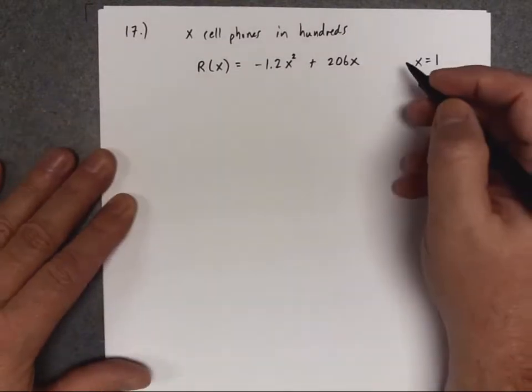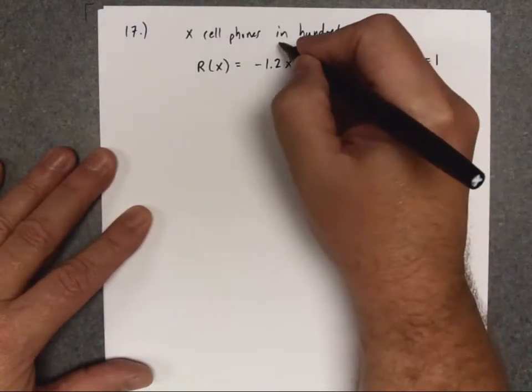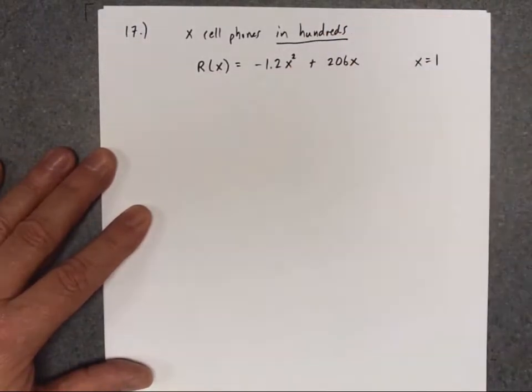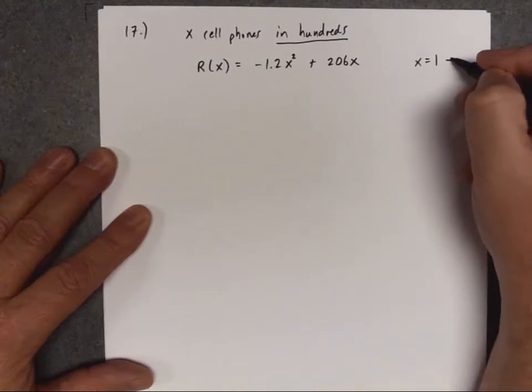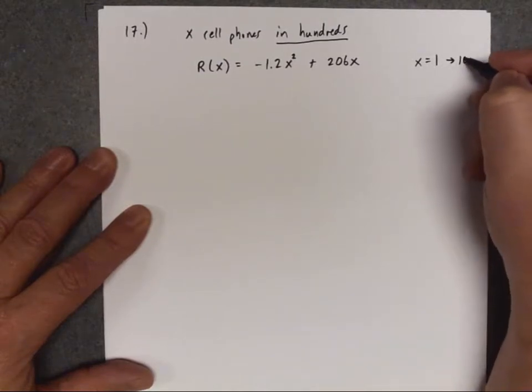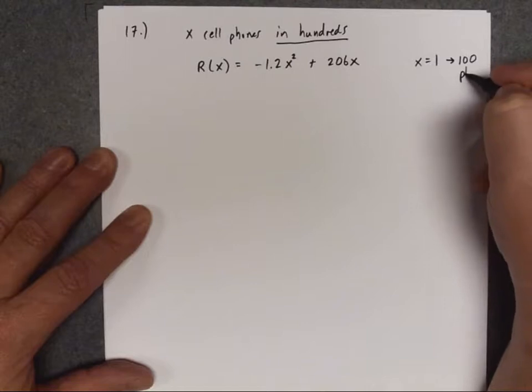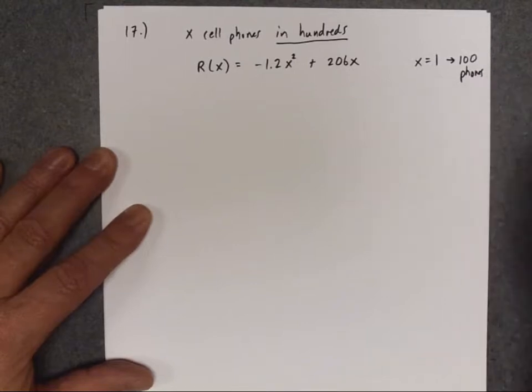But that's not quite right, because you notice this word in hundreds. When X is 1, what that really means is 100 phones.